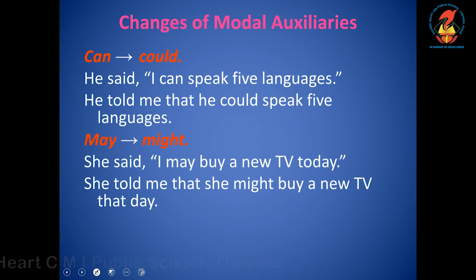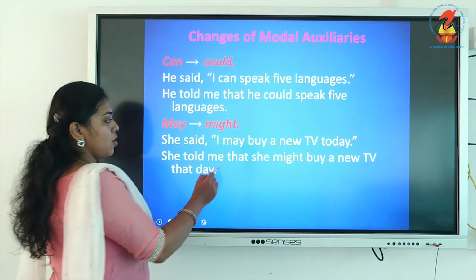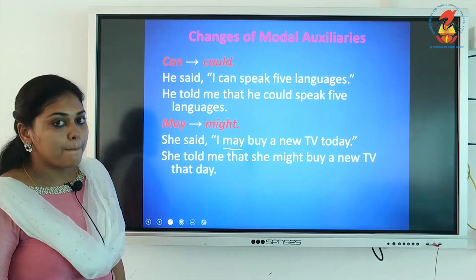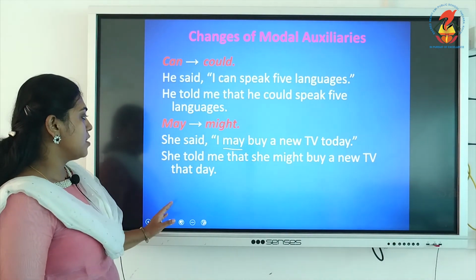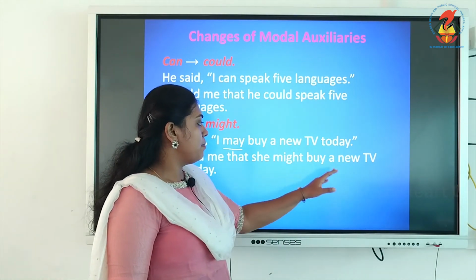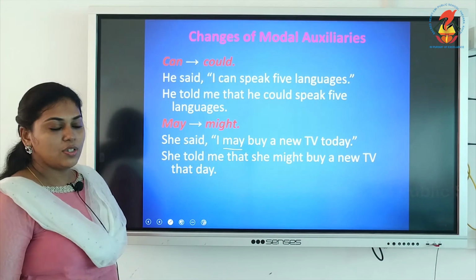Then the next example, she said, I may buy a new TV today. Okay. So the modal auxiliary may is there, right? So may should be changed to might. So the sentence would be, she told me that she might buy a new TV that day. Okay.